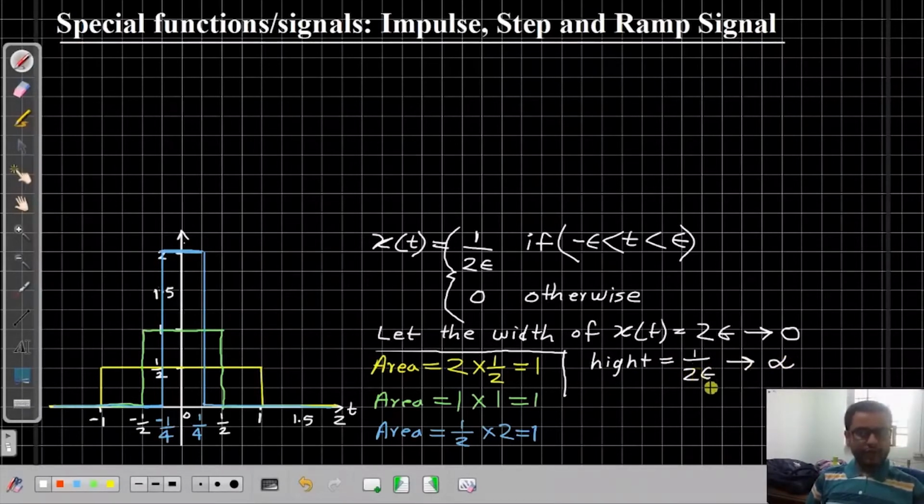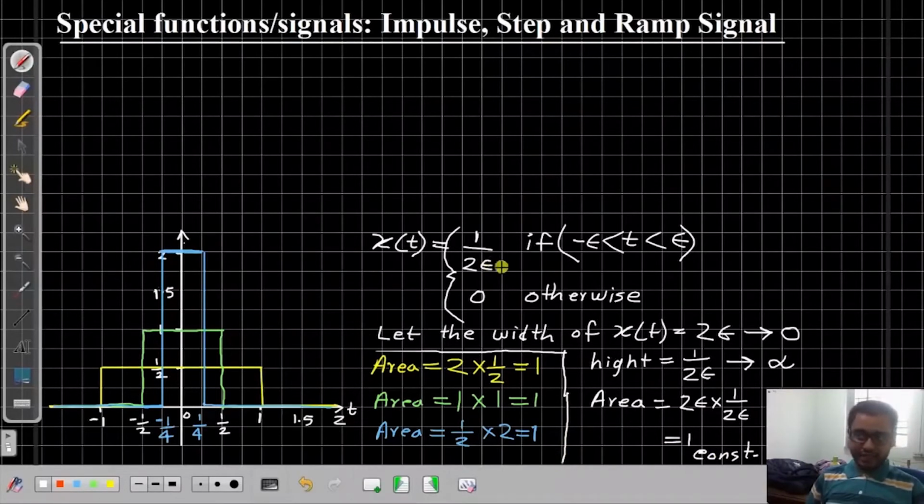But no matter what value I choose for epsilon, the area under the curve xt will be equal to 2 epsilon multiplied by 1 by 2 epsilon, which is the same as 1. So the area is constant.